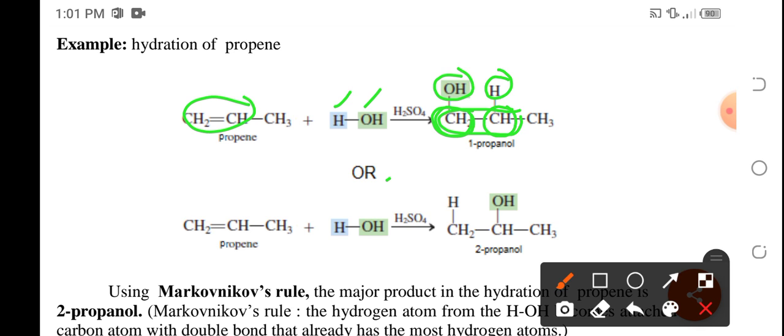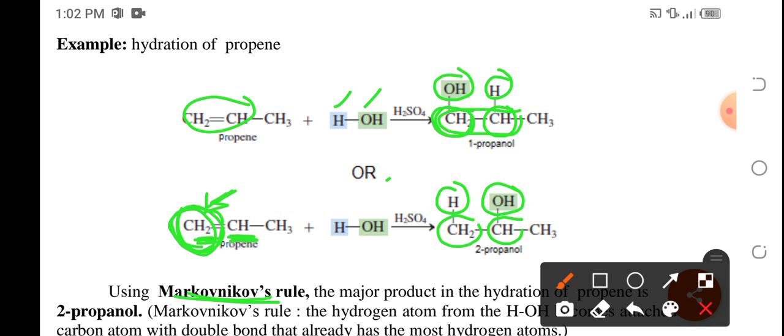Or it could be that on the first carbon atom you have the hydrogen, and on the second carbon atom the hydroxyl is attached. But according to Markovnikov's rule, the hydrogen should attach to the unsaturated carbon atom that bears most of the hydrogen. So ito, mas marami siyang hydrogen kaysa dito sa second carbon atom. Therefore, dito dapat pumunta yung hydrogen coming from the water. So 2-propanol will be the one that predominates.